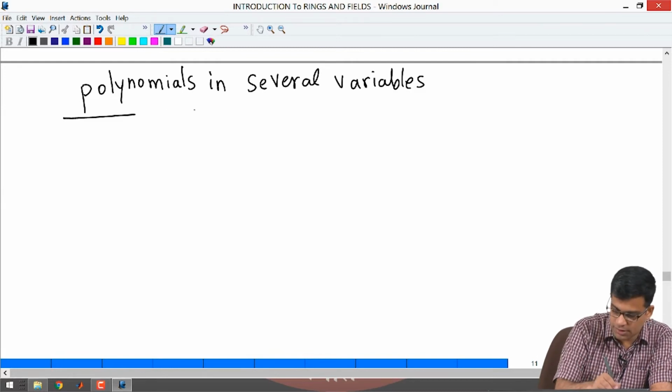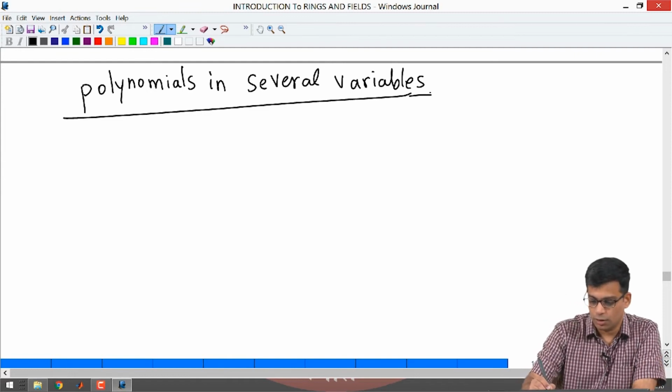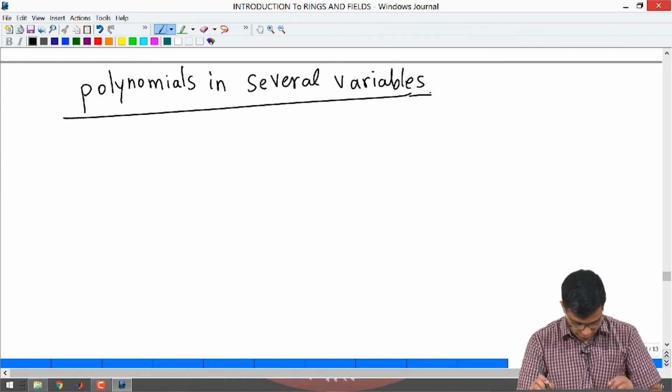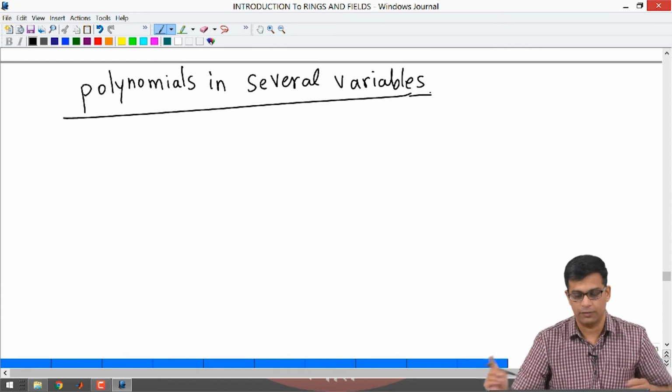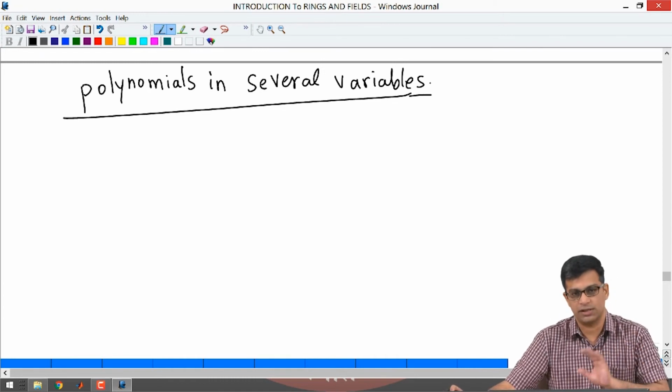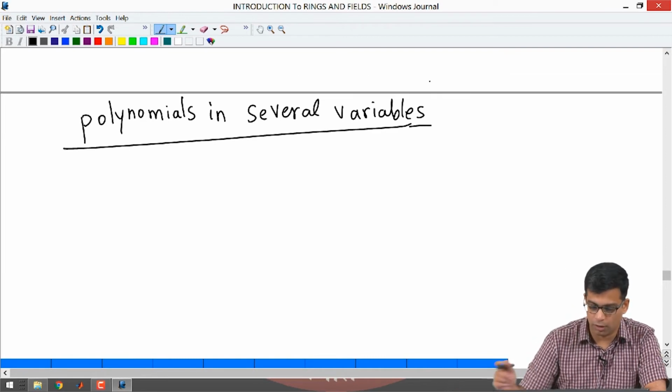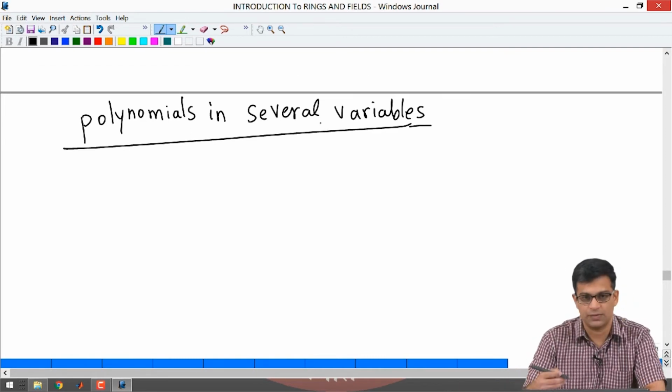Okay. So, we will not discuss a lot at this point, because this will come up later for us, and at that time I will say more, but at this point I will just want to quickly tell you what I mean. So, several variables means more than one variable.